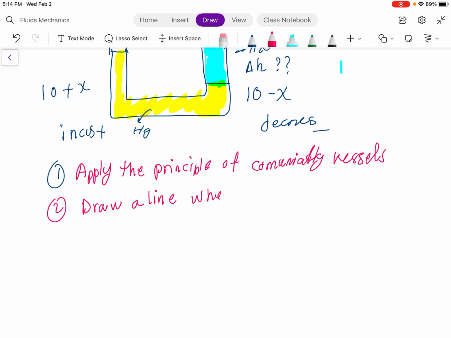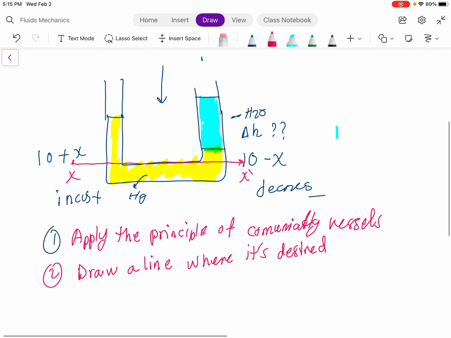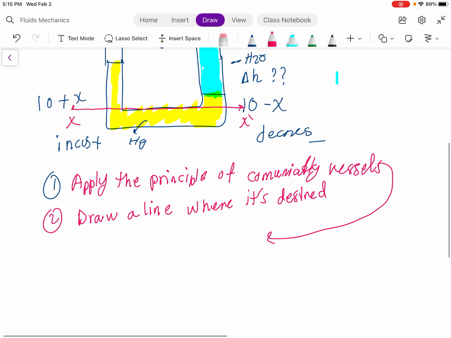We draw a line where we can find the unknowns. I would draw a line right here, and I'll call this line X. So we know by this principle, the pressure at X would equal the pressure at X bar.